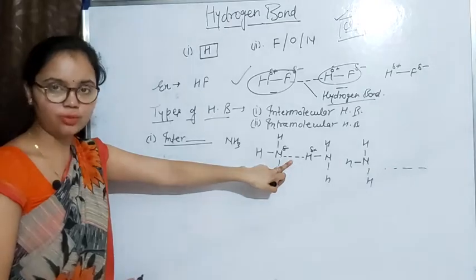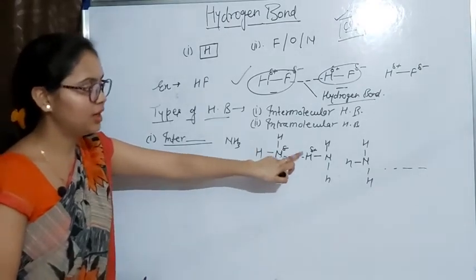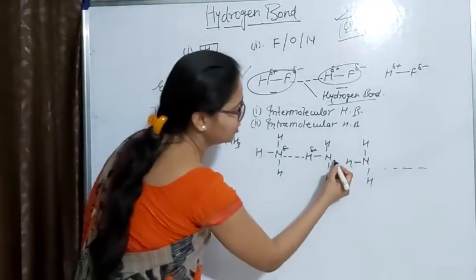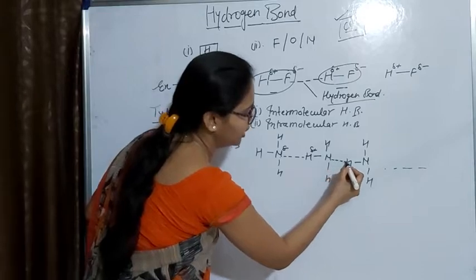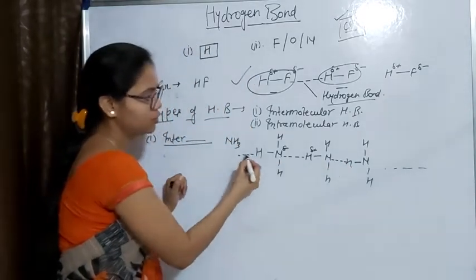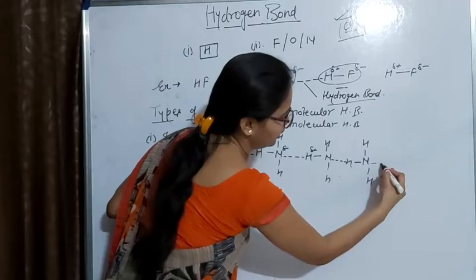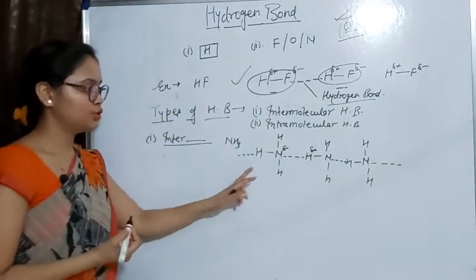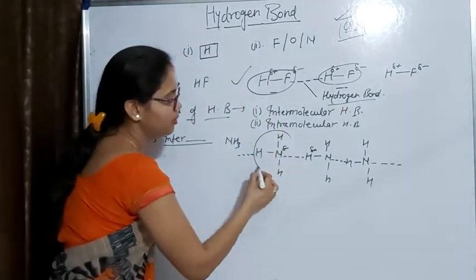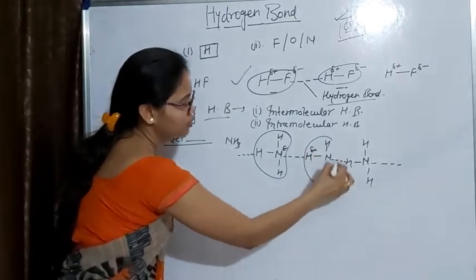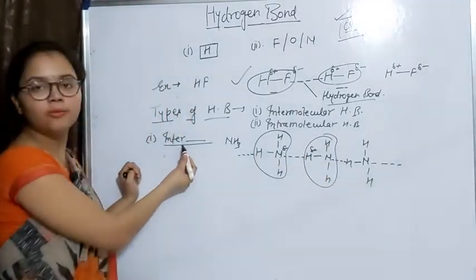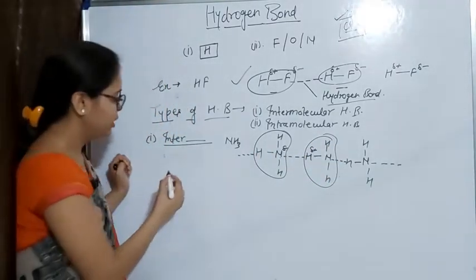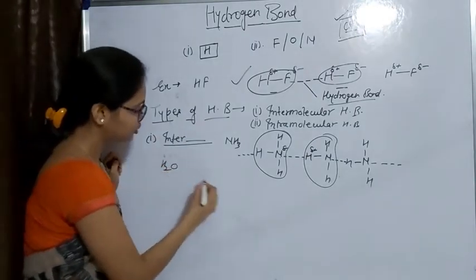So this is a hydrogen bond between this nitrogen and this hydrogen. Similarly, hydrogen bond will form here also, and here also. As hydrogen bond is formed between two different molecules, this is an intermolecular hydrogen bond.